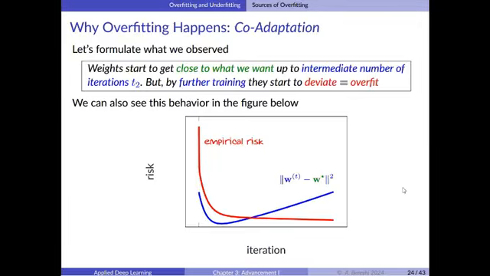Okay, so it seems that we should stop our training at some time. So the way is to get close to the optimal solution in some intermediate number of iterations, but further training will start to deviate, or in other words overfit.